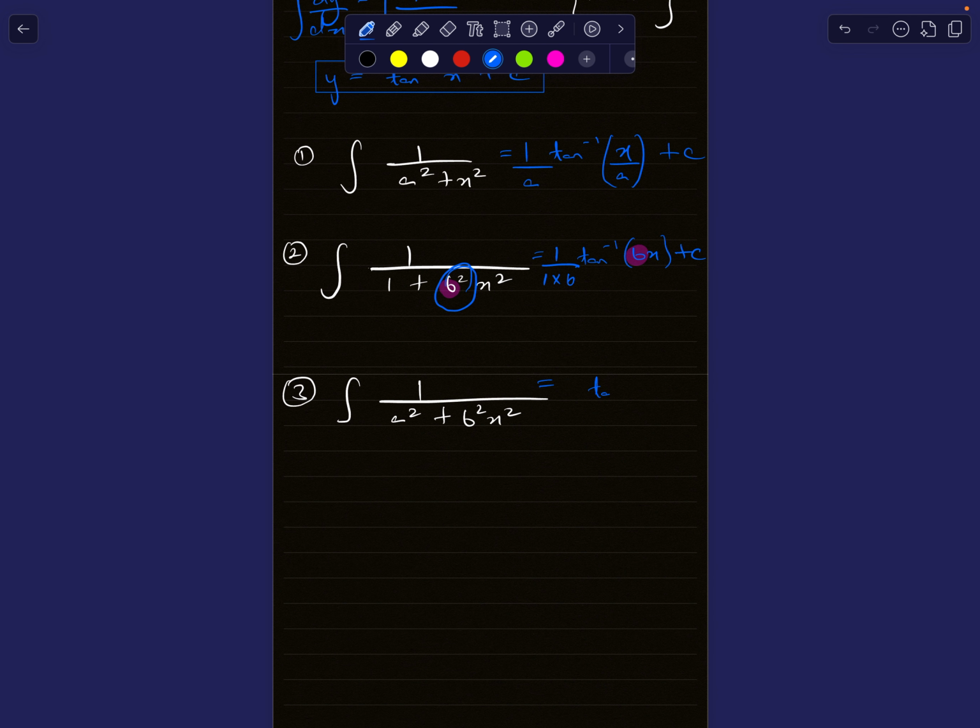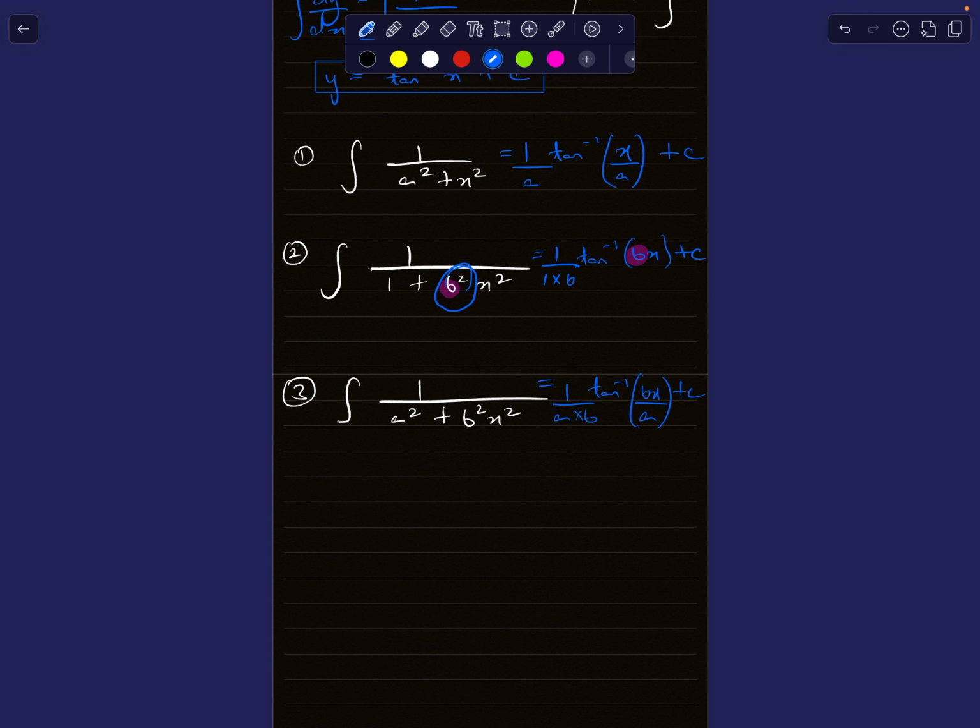And then we have a tan inverse. We identify this first, and in the numerator here we'll have the second thing in the denominator, which is bx, and a in the denominator, and plus c. We must have something here since we have an a and a b, so a multiplied by b.